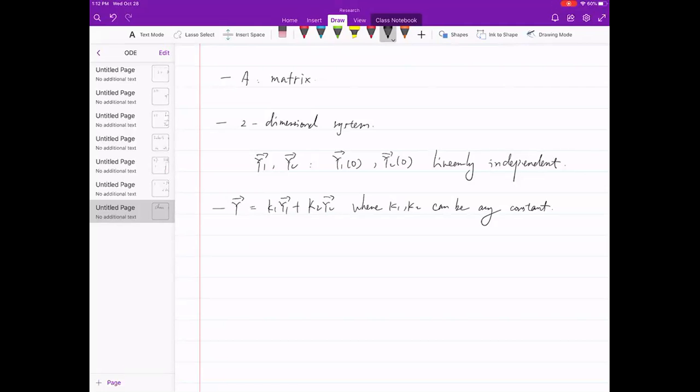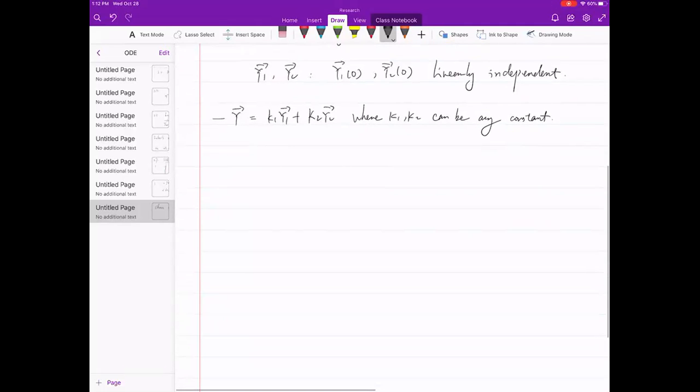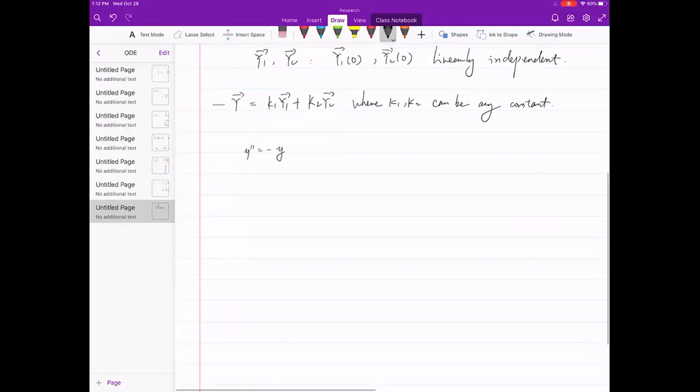With that in mind, we solved y'' equals negative y, which is an undamped harmonic oscillator, with y' equals v and v' equals negative y. We got a matrix.